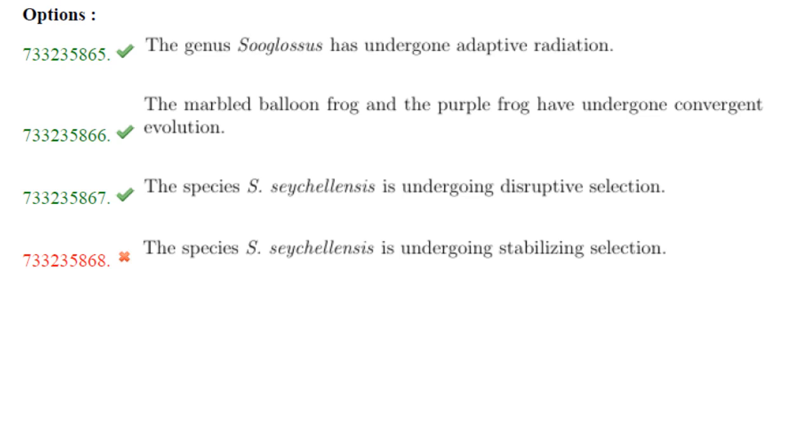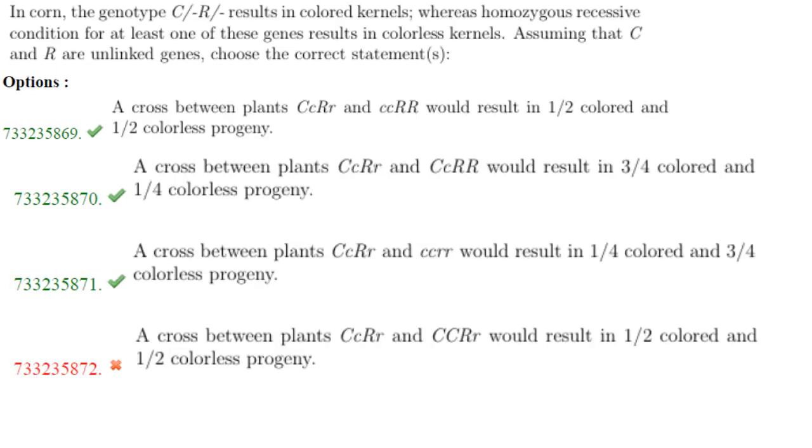Here in the third paragraph, you can see that seychellensis has two colors, black and light brown. But the intermediate color, dark brown, is not favored. Only the black and light brown are favored. So that is an example of disruptive selection. The species of S. seychellensis is undergoing stabilizing selection. That is not correct.